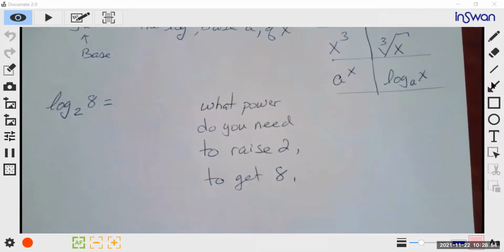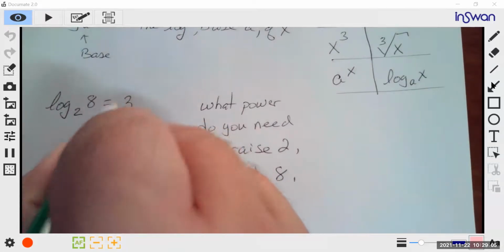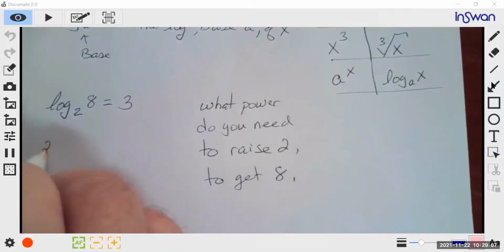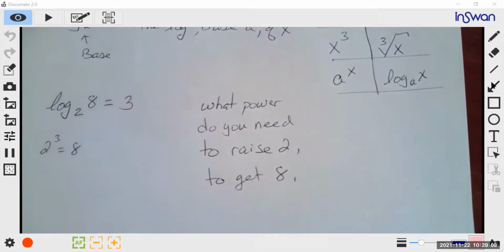That's what it means. That's what the whole logarithmic function is about.